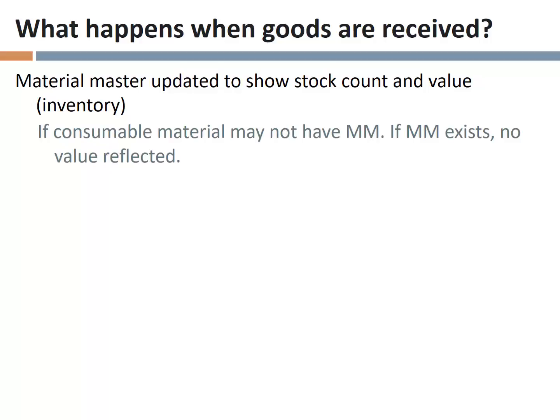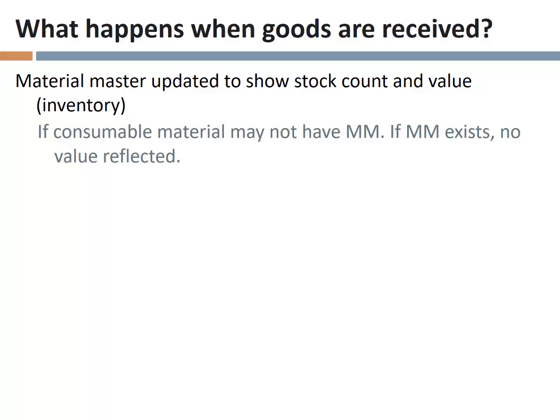Now, as we were just talking about, if this is a consumable material, we may not have a material master. So if we have a material master for a consumable material, it's going to track the quantity but not the value. And that's an important fact to keep in mind. Remember, we may have a material master for a consumable material, but even if we do, we don't track the dollar value of it. We just expense it right away, as we just observed on the last slide.